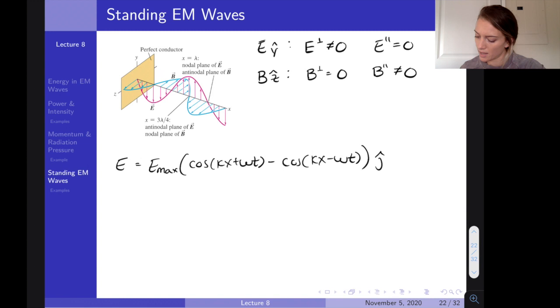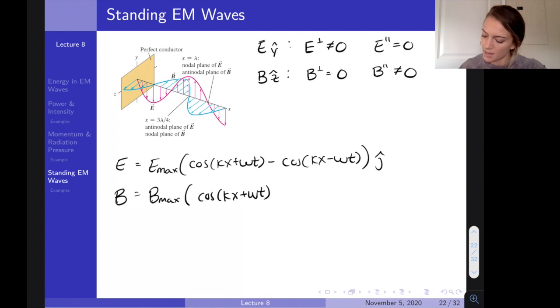Okay, now let's do the B. We're going to have B max times cosine kx plus omega t. We know this wave, when it's kx plus omega t, is traveling in the negative x direction, right?